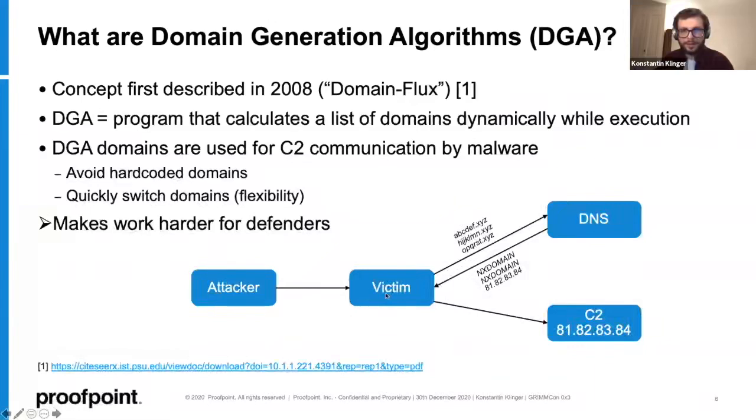The DGA calculates a domain and two fallback domains, which are getting resolved on the DNS server. The malware can't get a DNS response for the first two domains, so it has to take the third one for which it gets a valid IPv4 address. Then, finally, the malware is able to start C2 communication to the C2 server.